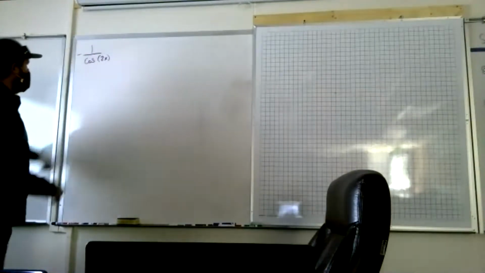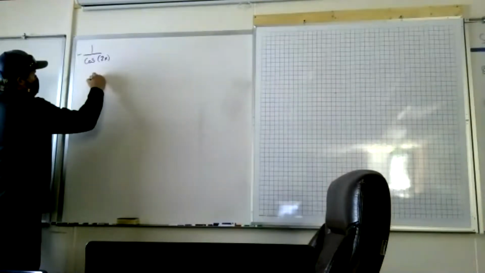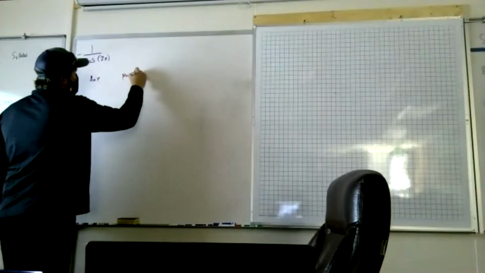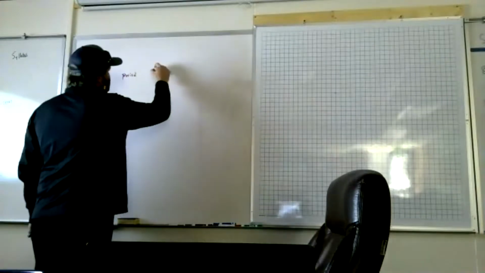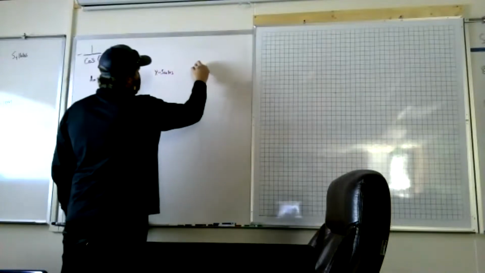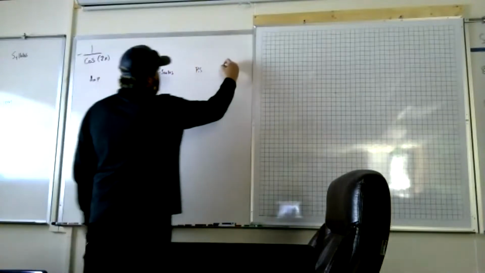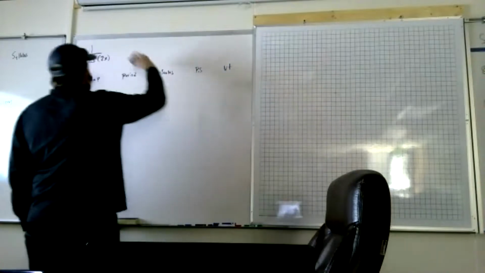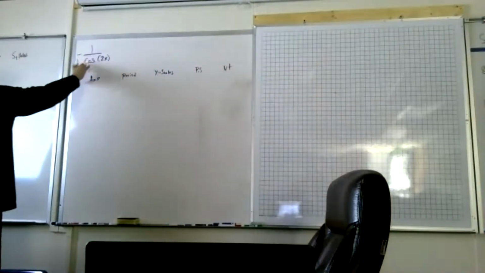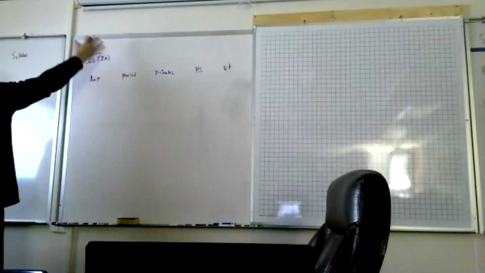Okay, so when we're talking, we'd always go amplitude, period, x scales, phase shift, and vertical transformation. And I'm approaching this like I'm graphing cosine. So it's negative 1 over it.